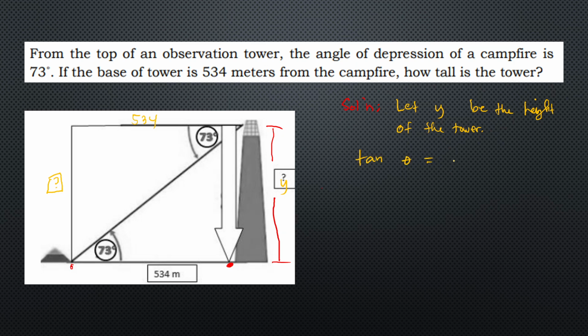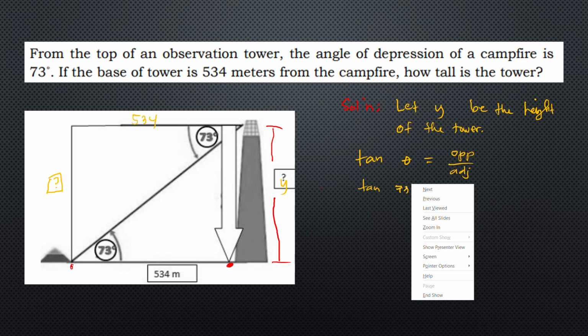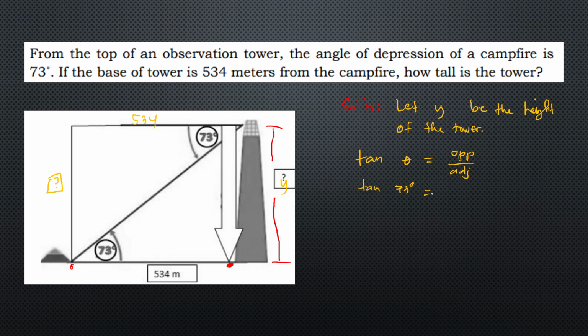Tangent theta equal to opposite over adjacent. Tangent 73 degrees equals, the opposite is y, adjacent is 534. Since the one missing is the numerator, we then use multiplication, equal to y.